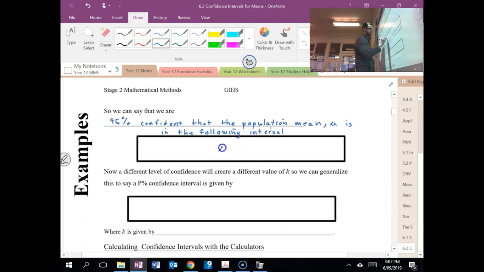That interval being from x bar, take 1.96 sigma on root n, to x bar plus 1.96 sigma on root n.